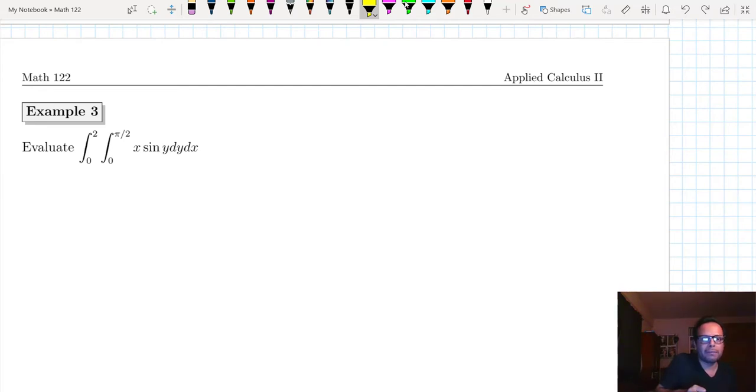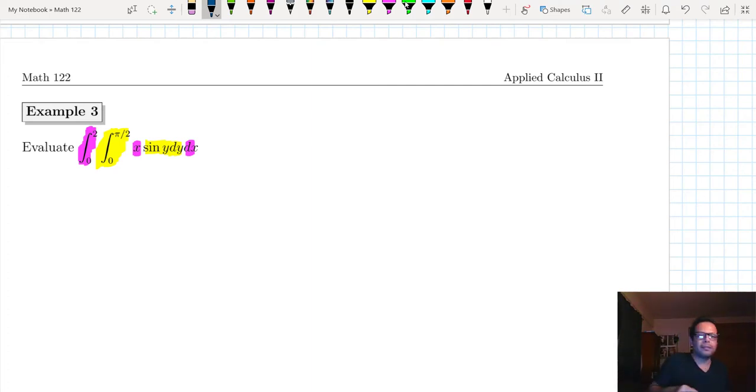Let me highlight sine y dy with the inner limits, and the outer integral will be with respect to x, and we'll take the limits from 0 to 2. Let's use the notation I used in the last section of chapter 8.